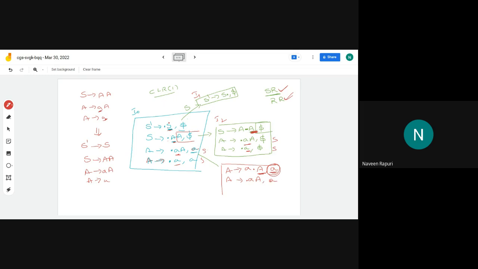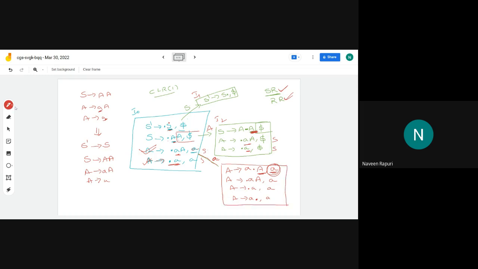That's why we need to add small a. And A derives dot A, comma A. After that, this is also small a. Here it is on capital S, here it is on capital A, and here it is on small a. This is completed. And if you expand it, A derives A dot, comma A dot, comma A.